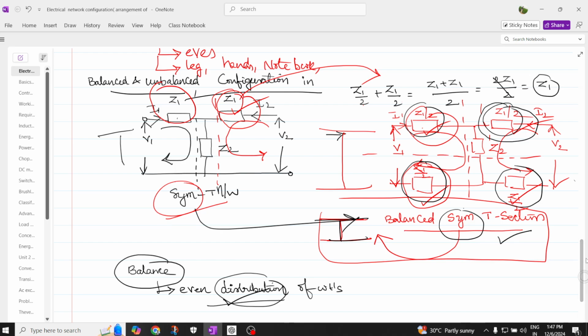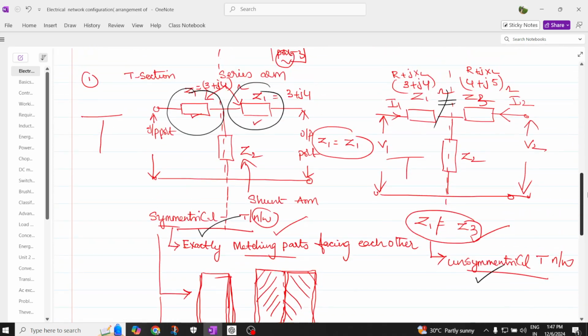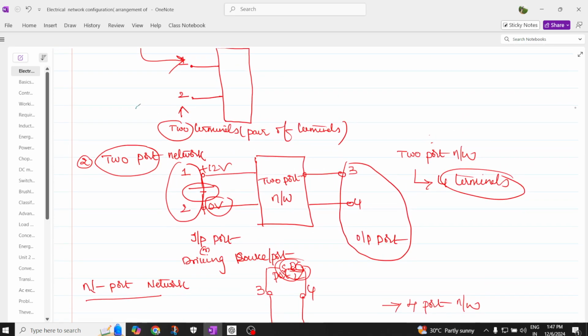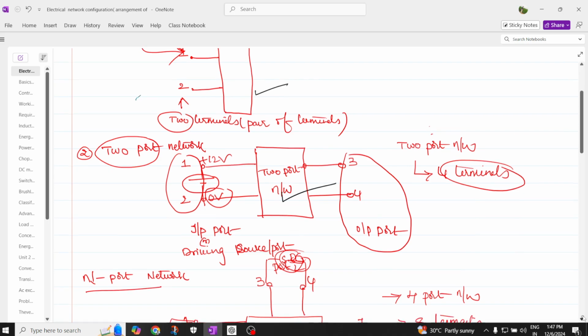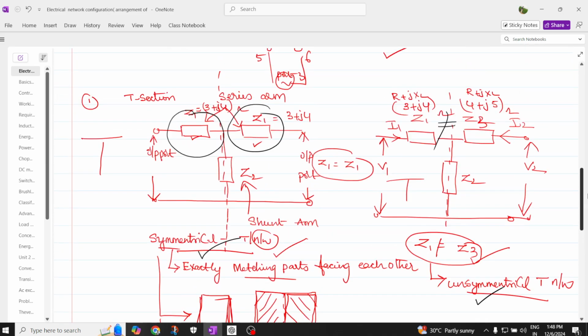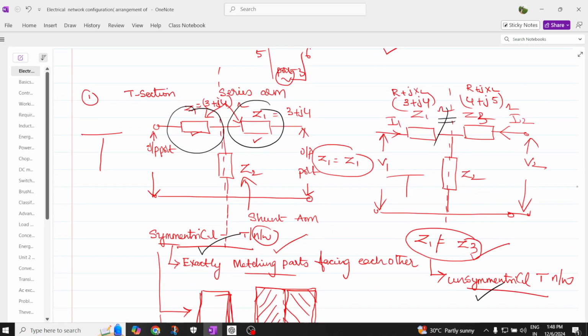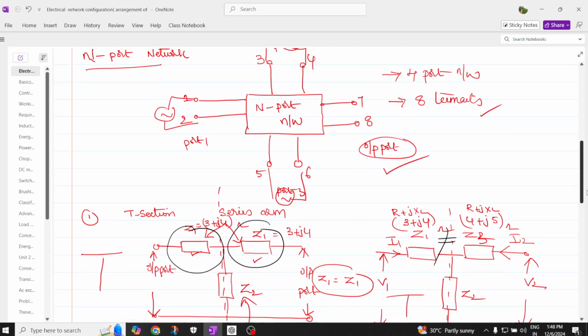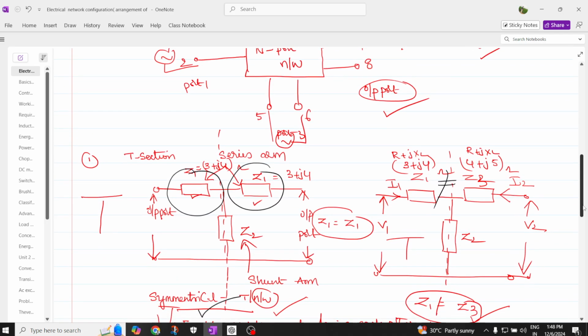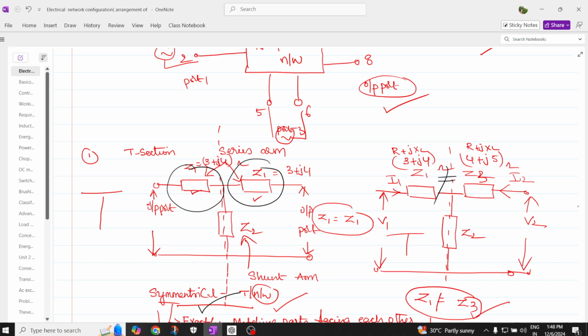So that is what we discussed now. It's very simple. So this is called one port with two terminals, two port with four terminals, and an N port like this, and an N port network with four terminals each, therefore I'm having 8 terminals. So a T section is like a T, and if the impedances are the same, then it is called symmetrical.